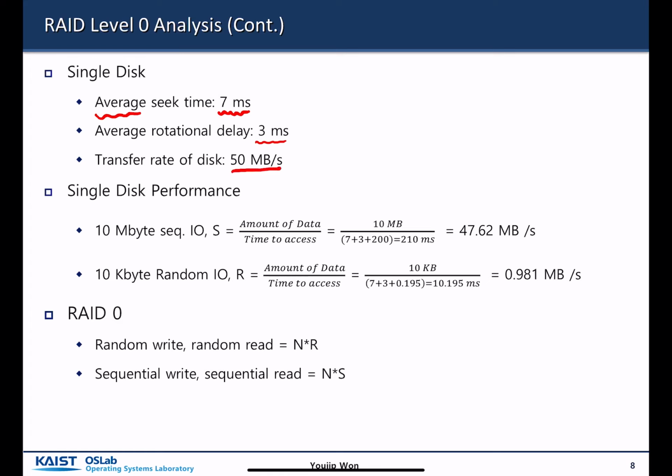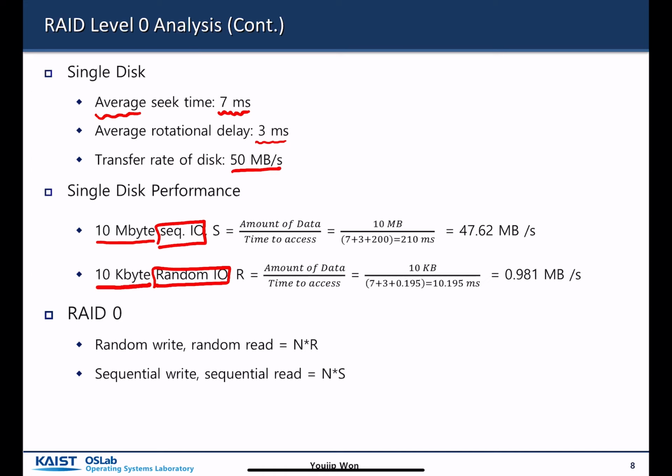That's what we call the transfer rate of the disk. For single disk performance, for sequential I/O, we assume the average I/O size is 10 megabytes. And for random I/O, we assume the average I/O size is 10 kilobytes.